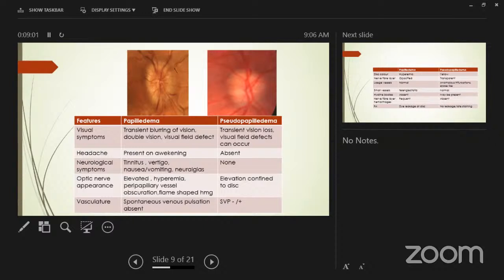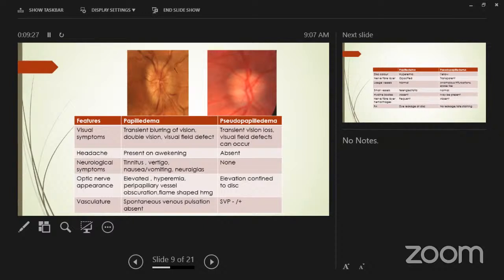There will be headache in papilledema, but no headache in pseudopapilledema. Neurological symptoms will be there in papilledema, but not in pseudopapilledema. The optic nerve head appearance in papilledema is elevated and hyperemic, with peripapillary vessel obscuration and flame-shaped hemorrhages.